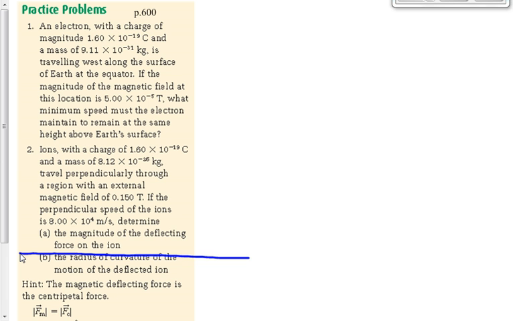I'm going to leave you for the next 10 minutes to work on questions 1 and 2A on page 600. In addition, while you're working on that, I'd like you to take a look at worksheet number 11, please. So practice problems 1 and 2A plus worksheet number 11.